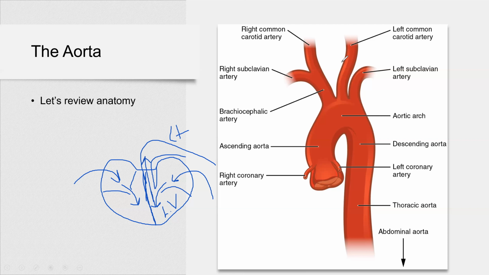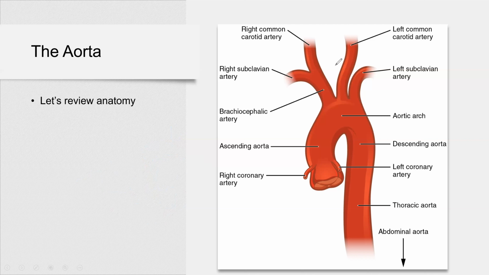Oh my goodness, hold on. This is just horrible. So let's do it one more time. Okay. So here's the heart, right? So here's the septum. So this is left.